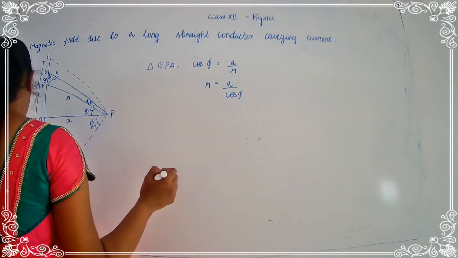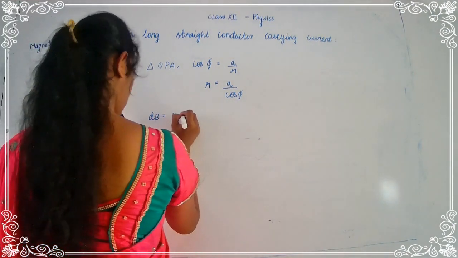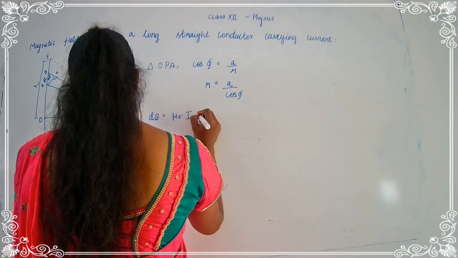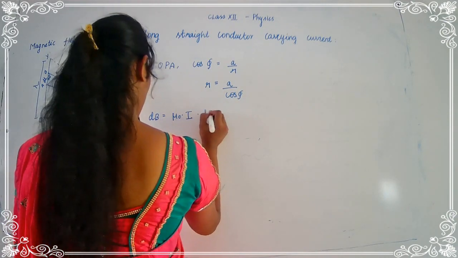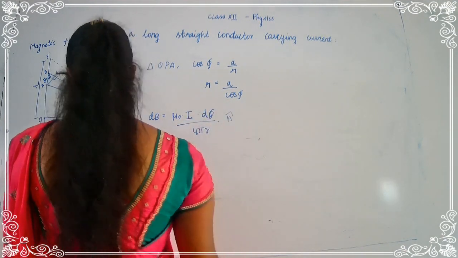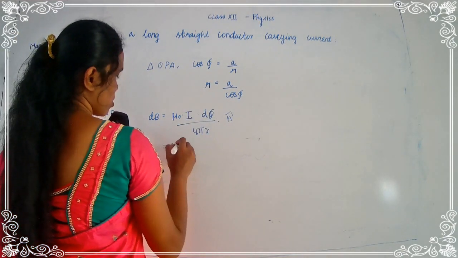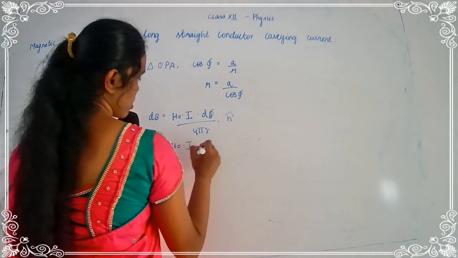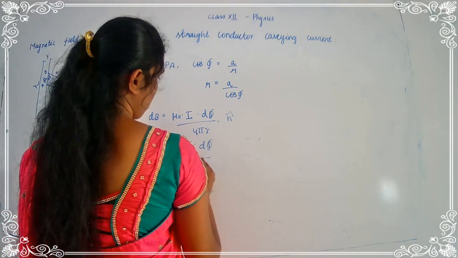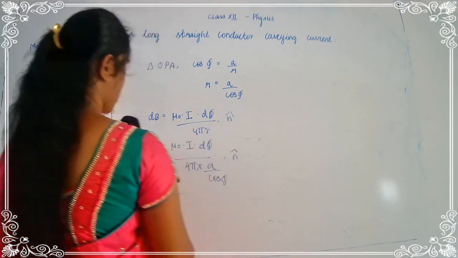Now, dB equal to mu naught I dφ by 4 pi r into n cap, isn't it? This is the previous equation; apply r here: mu naught I into dφ by 4 pi into a by cos phi into n cap.